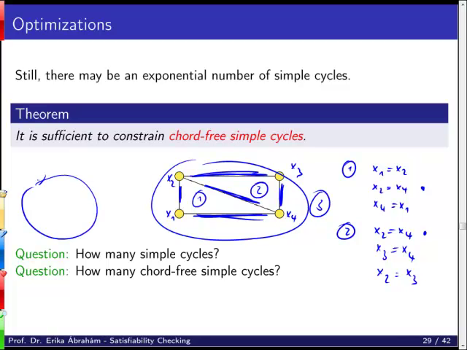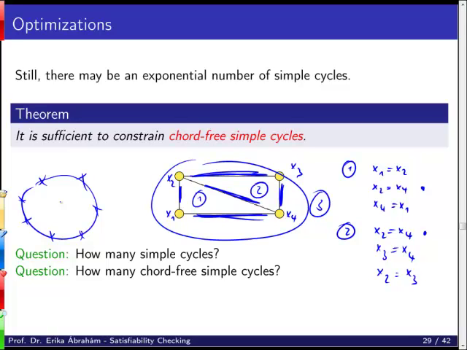there's a cycle and I have edges on them. These are the vertices in the cycle. Then I do not have any shortening connection other than going around the cycle. So if I have something chord free, that means without such shortenings, then I have to encode them.